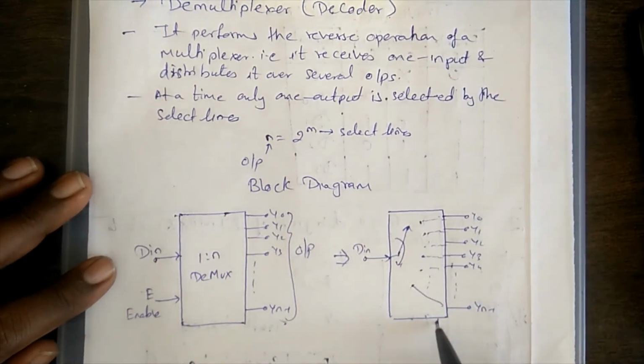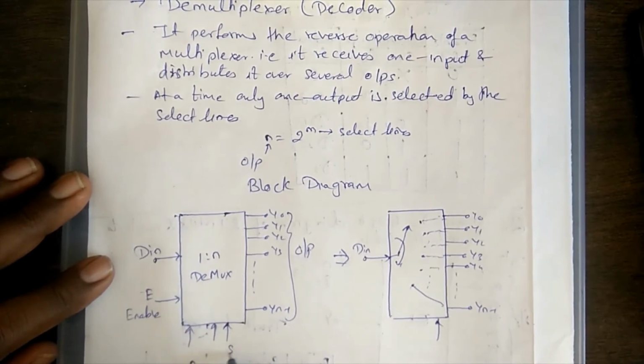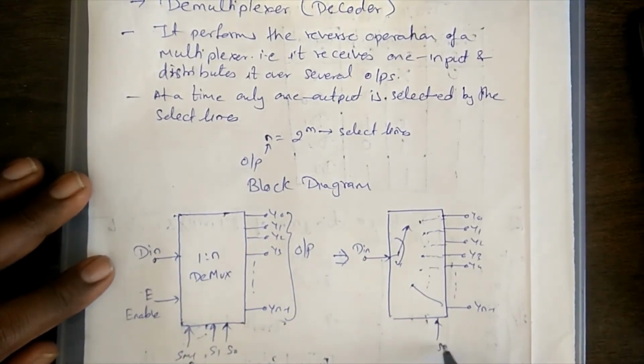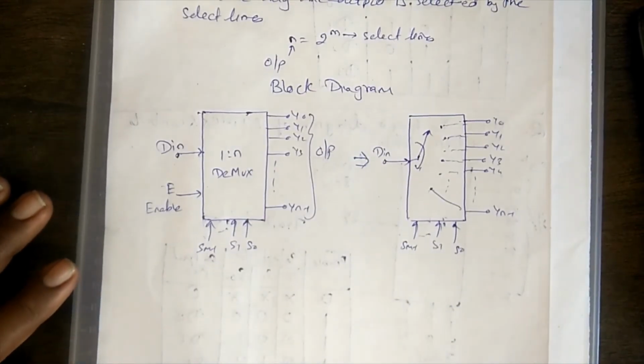So based on the select inputs, S0, S1, S m minus 1, according to this we can go for this.